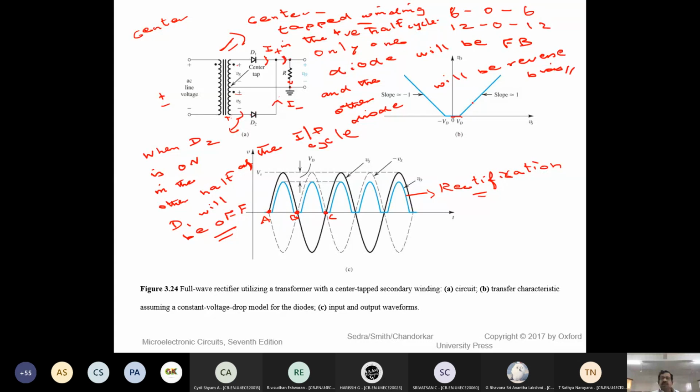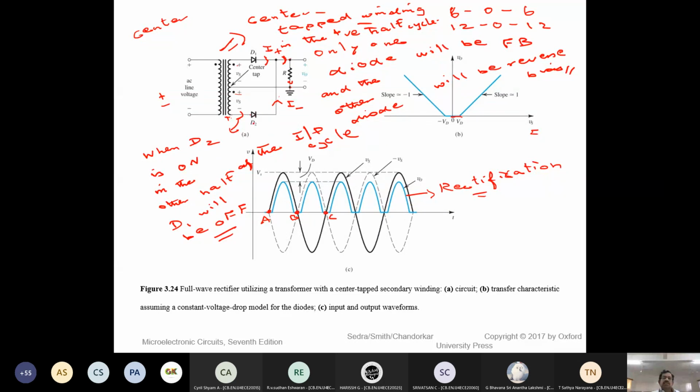After 0.7 volt, it will start to conduct. D1 will start to conduct when D2 is off. Whatever be the input from the secondary, that is what is written as Vs here, and that input will be followed after that 0.7 volt.